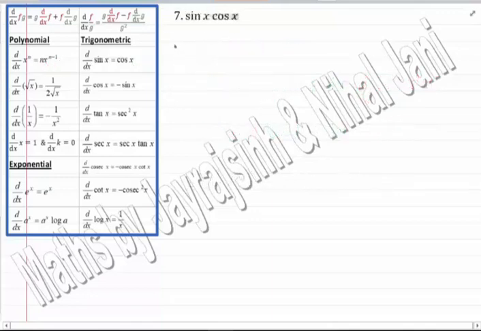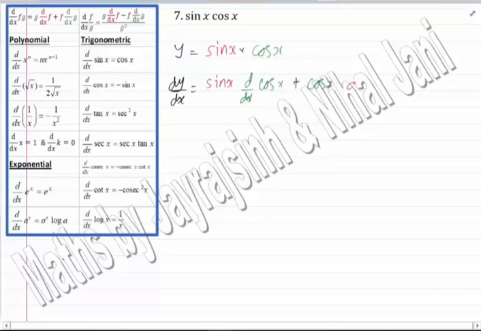Question number 7. We have sin x into cos x, and without wasting time, let's differentiate and apply the multiplication rule. Sin x will be as it is, differentiation of cos x, and cos x will be as it is, differentiation of sin x, right? And sin x is as it is, differentiation of cos x, as we know, is minus sin x.